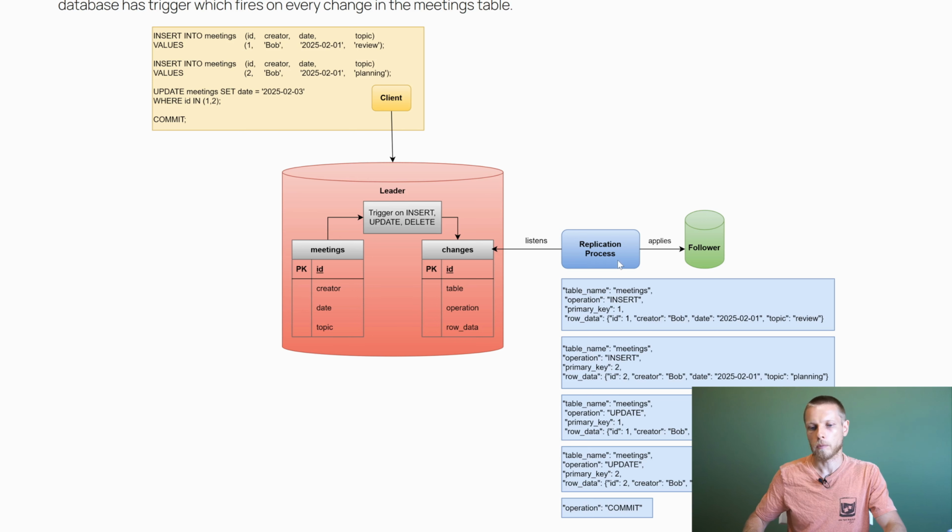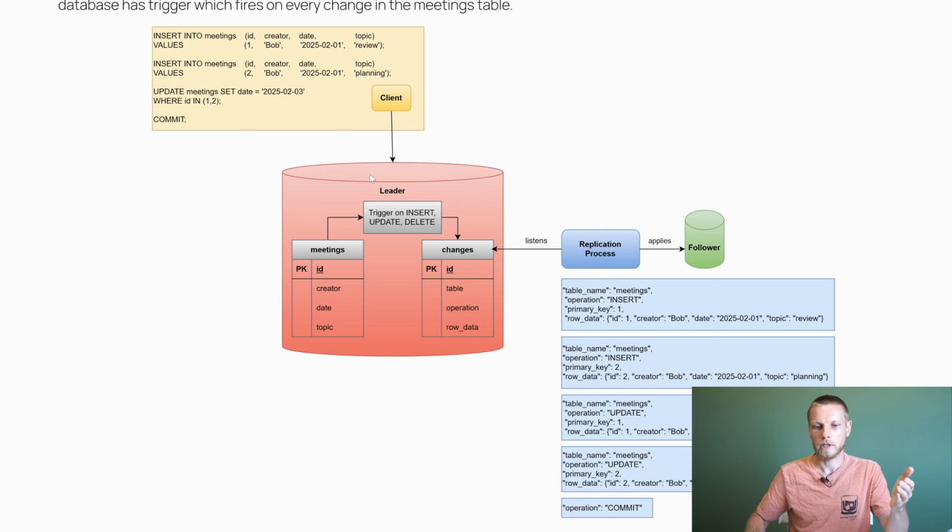Apart from that, we don't have to send those changes only to the follower. We could send them to some other system. We could send them, for example, to Kafka or another message broker to reuse them in some other way. Also, what is really good about this approach is that we don't have to use the same database.